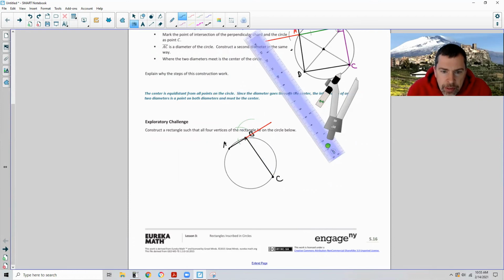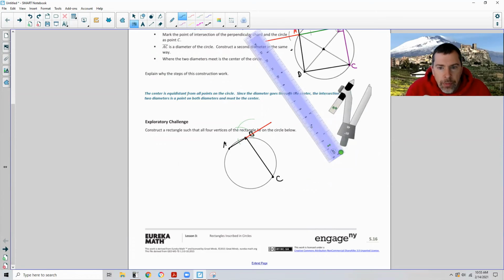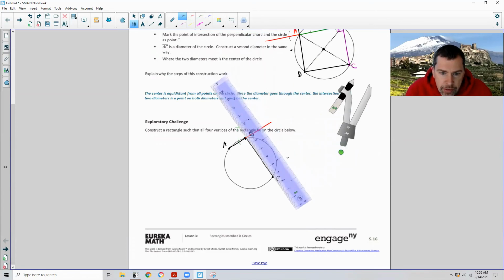So there's AB, there's BC, and then I can continue by putting this back here, and I'll use all my extensions as red.